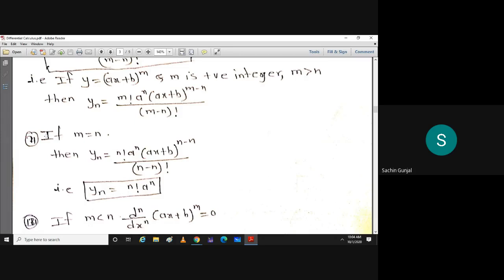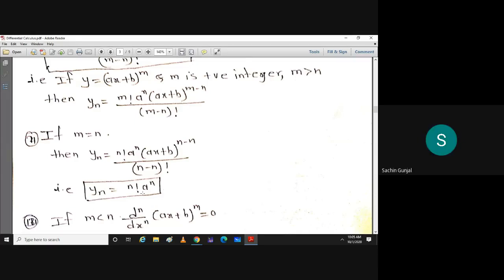So write down this sub case. If y is equal to ax plus b raised to m, where m is a positive integer and m is equal to n, that means the degree of that polynomial is n, and the derivative will be a constant number.